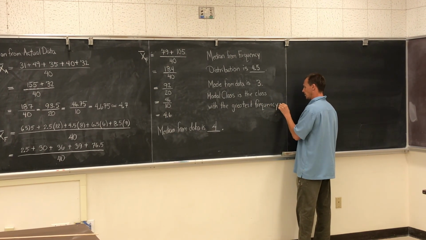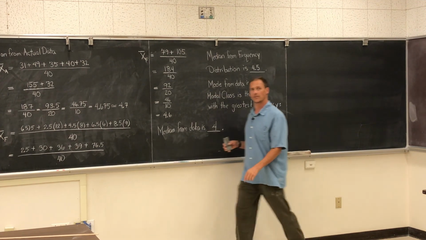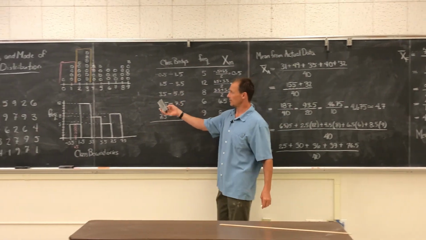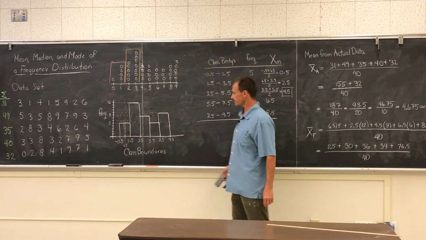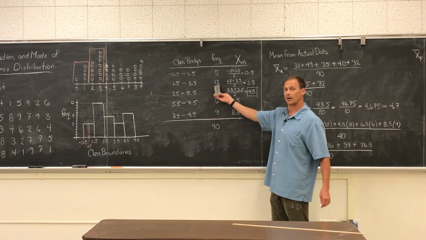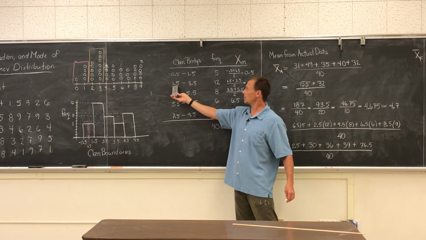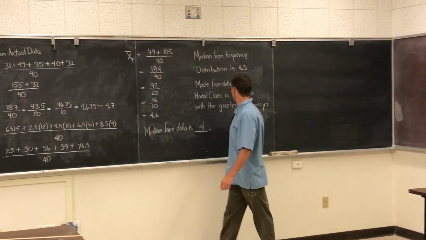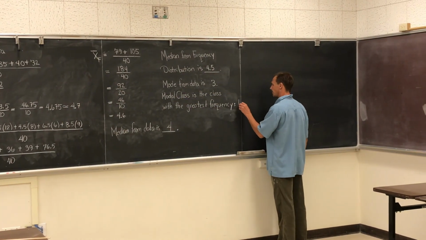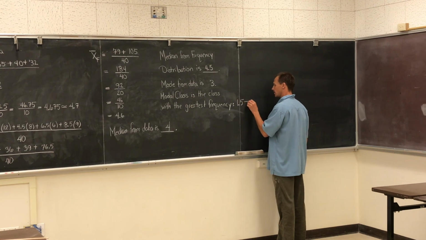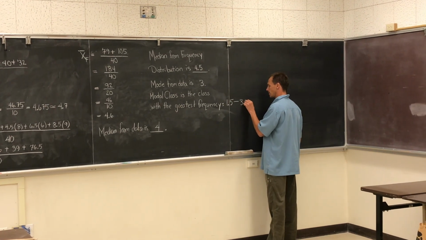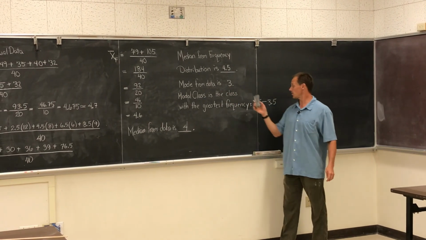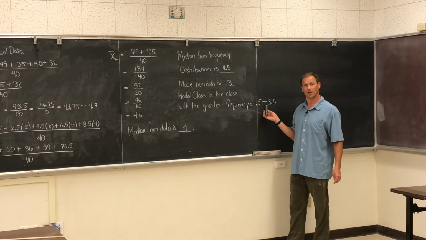And in this example, our modal class is the one with the highest frequency. It's 12. On the histogram, it's the tallest bar. And so we'd say our modal class is 1.5 to 3.5. And if you look at it, notice that the actual mode was 3. 3 would be in that modal class, as we would hope.